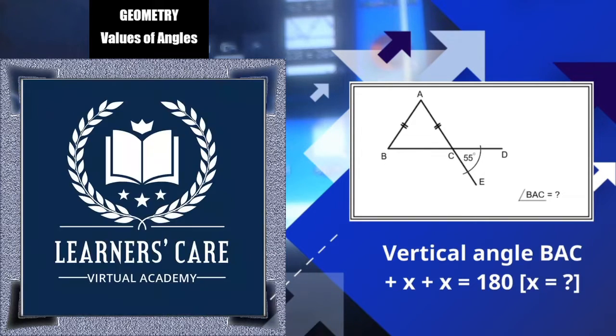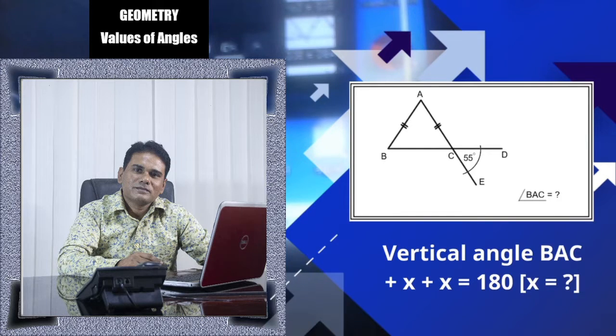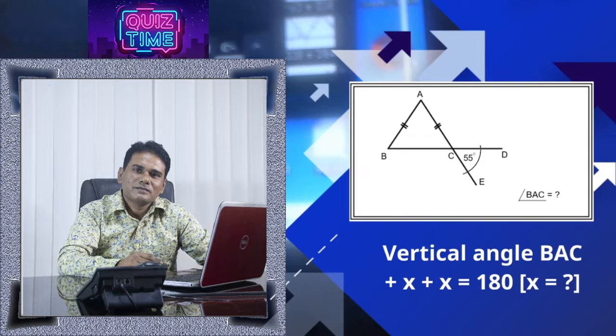So in this isosceles triangle, BAC is the vertical angle and the other two angles ABC and ACB will have equal values. So considering X as each of the two equal angles, we easily can find out the value of each of the angles.